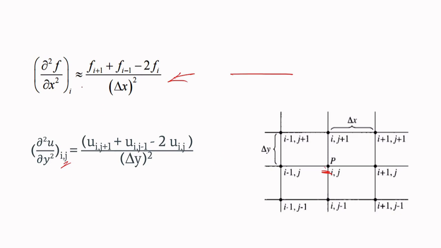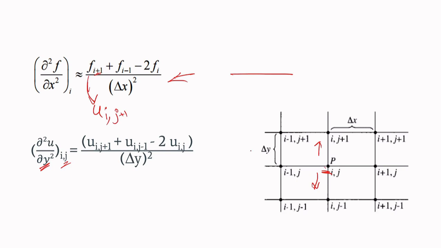So here if I substitute u for f, the equation, in two dimensions, has f of I plus 1. I is for the x direction, j is for the y direction. So I have to take I comma j plus 1, because here you can see the denominator is y. So the incrementing is in the y direction.